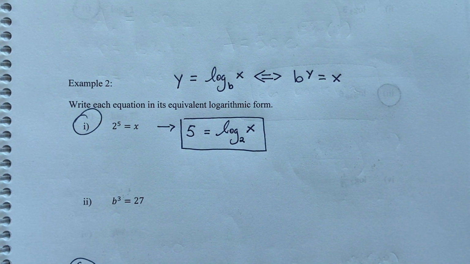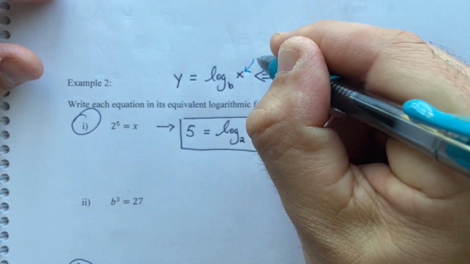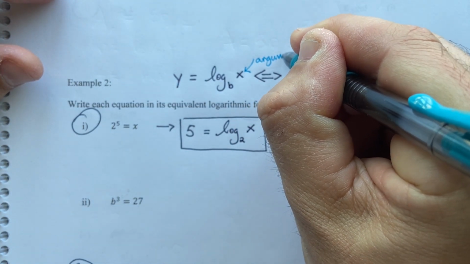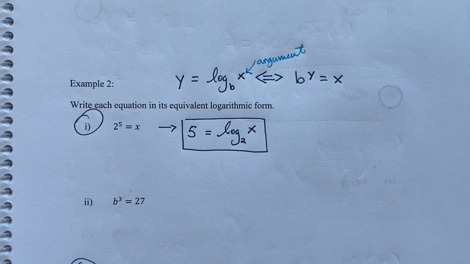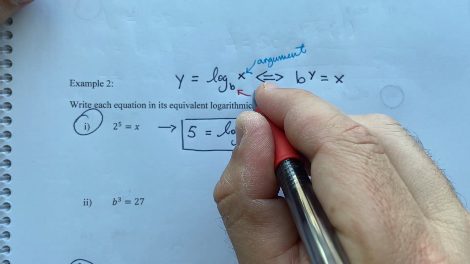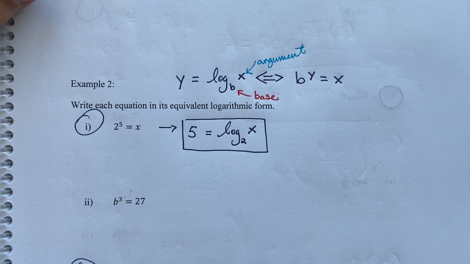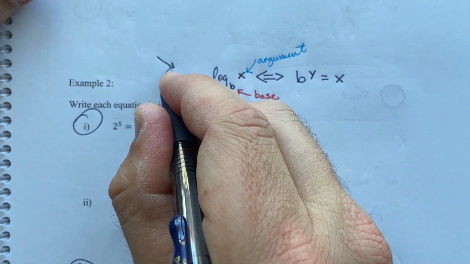So maybe I'll just make note of those vocabulary words real quick. This is called the argument, whatever is being evaluated. This is called the base. And this is called the value of the logarithm.